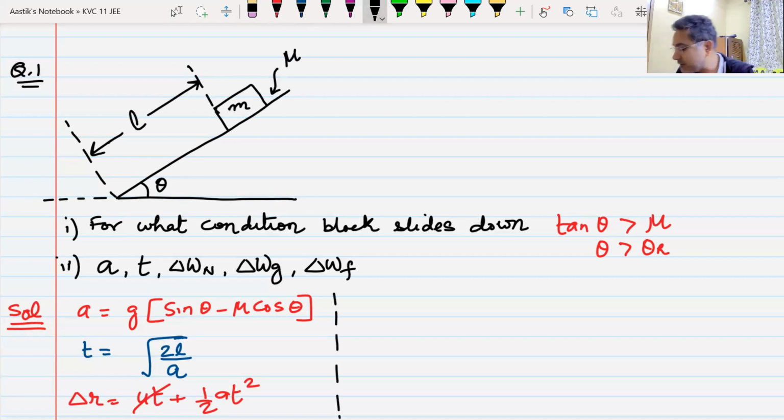What is the work done by normal reaction?